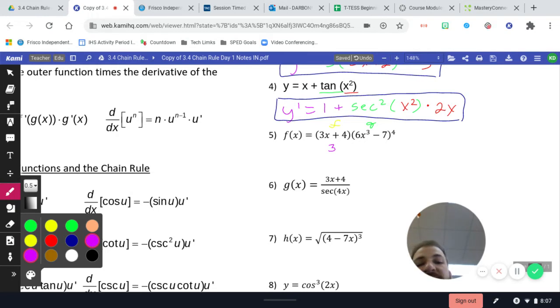For the derivative of 6x cubed minus 7 to the 4th, I have my outside piece and my inside piece. My outside piece: 4 parentheses to the 3rd. My inside piece stays the same, 6x cubed minus 7. And then I multiply by the derivative of the inside, which would be 18x squared.